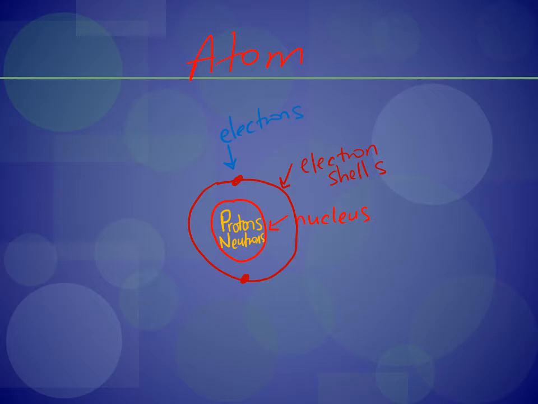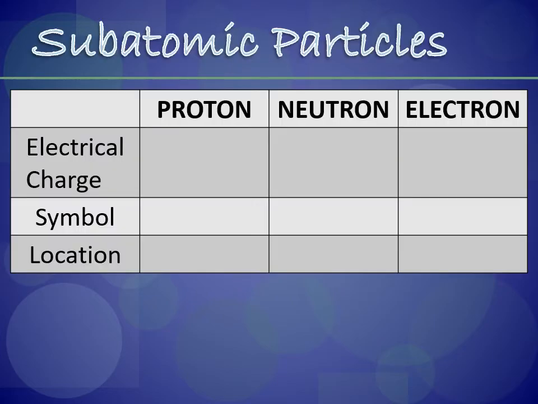So you have protons and neutrons inside the nucleus, and you have electrons that float outside the nucleus on these shells. The subatomic particles are all different from each other based on their electrical charge, their symbol, and where they're located inside of the atom.